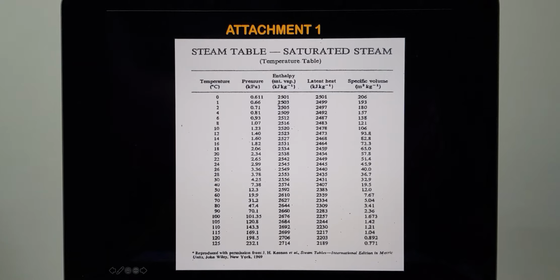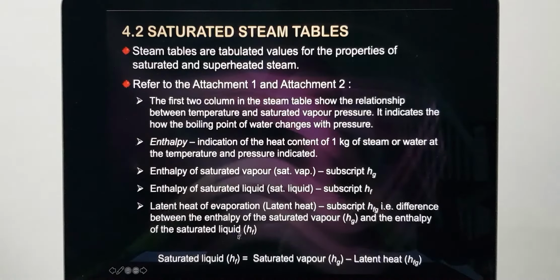But in this attachment, we don't have the column for HF, so you need to calculate the value of HF. It is stated here, saturated liquid HF, F meaning fluid, is equivalent to the saturated vapor Hg minus the latent heat HFG.